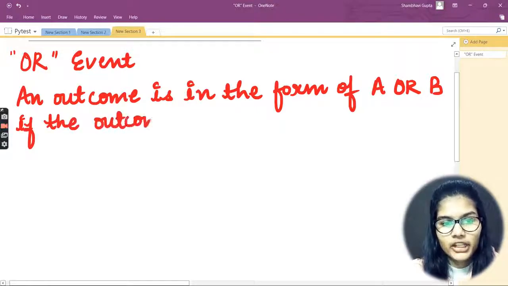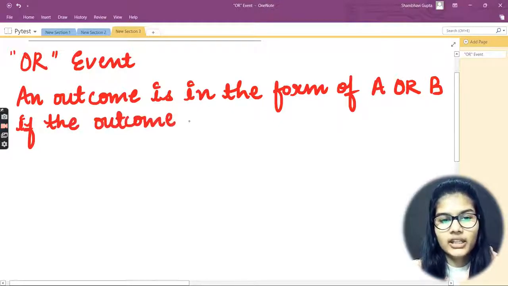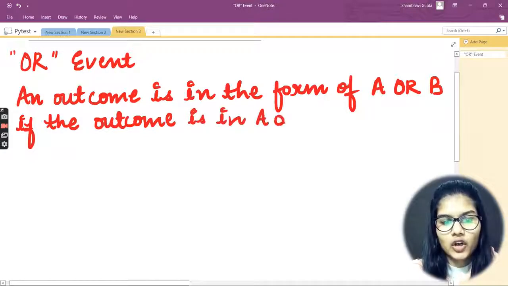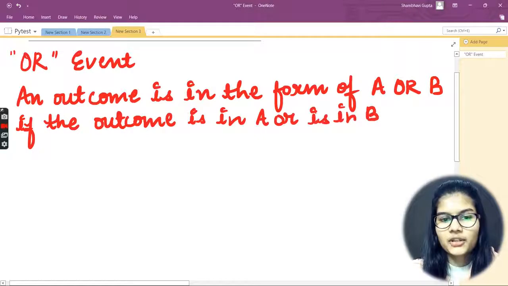A or B. If the outcome is in A or is in B. Okay, if the outcome is in A or is in B.